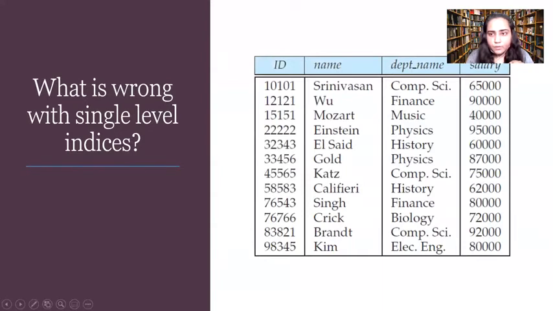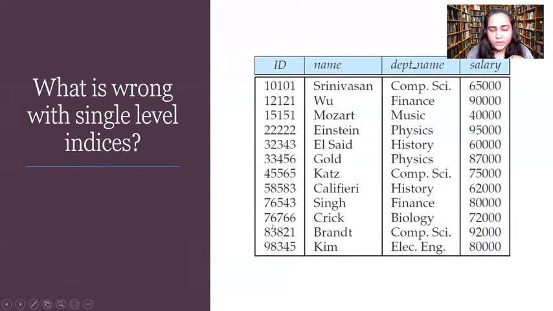So for example, if this is your instructor relation, then you might create a primary index on the ID column, and then you would store all these IDs in your index, and next to those IDs you will store the address on the disk of the entire row, and that's how you create an index. But it's only a single level index, and you don't see any problem with that.